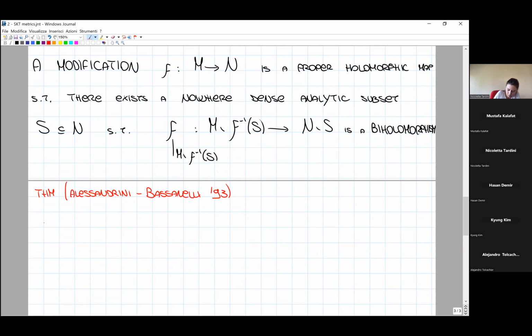Suppose that you have M and N two compact complex manifolds, and suppose that we have F from M to N, a modification.